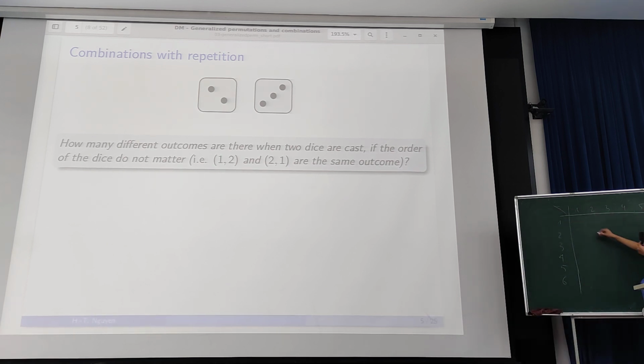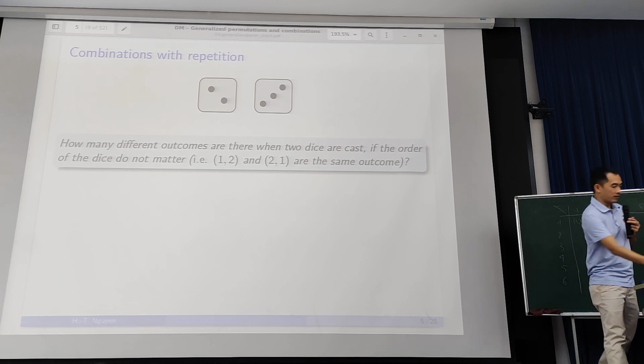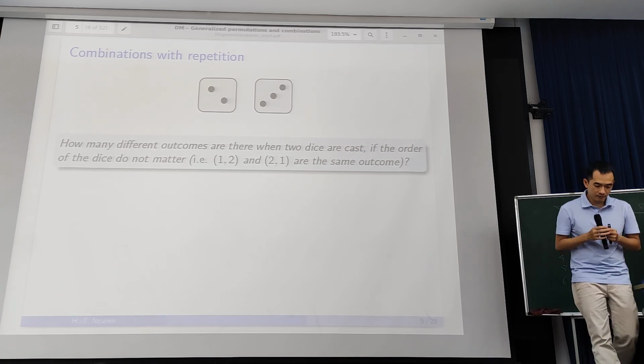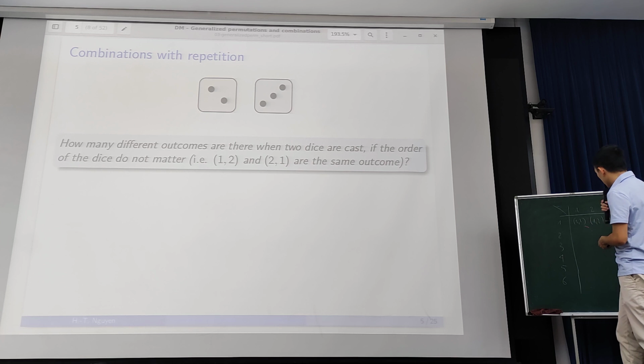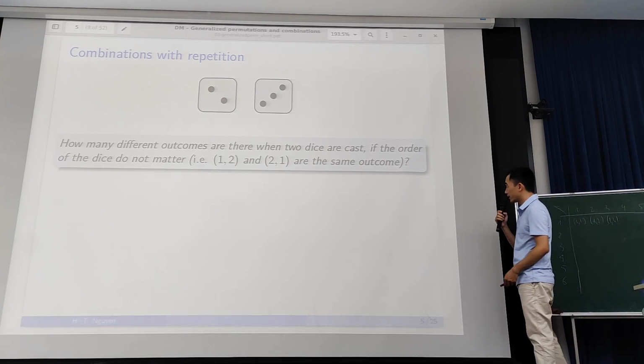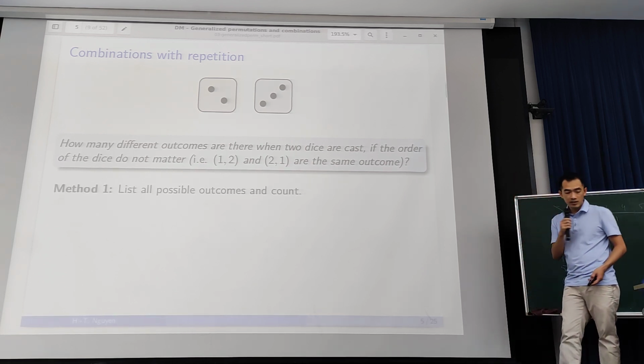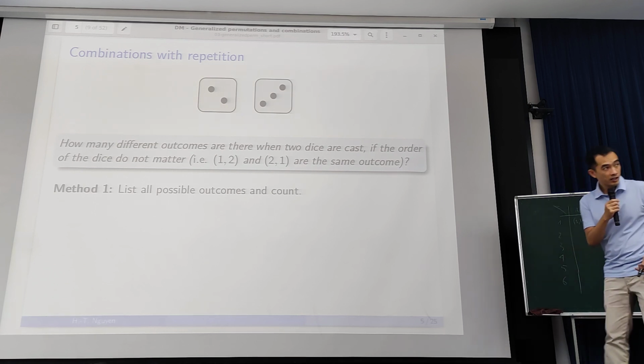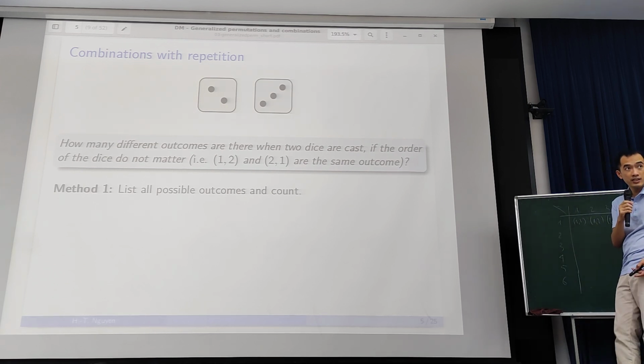Each time you combine two elements, you have some kind of matrix here. So you have 1, 2, 1, 3, and so on. If you eliminate the outcomes which are the same, then you get, let's try how many you get.